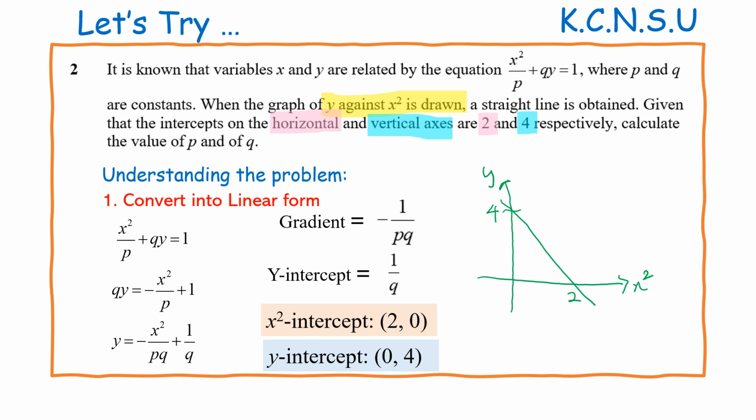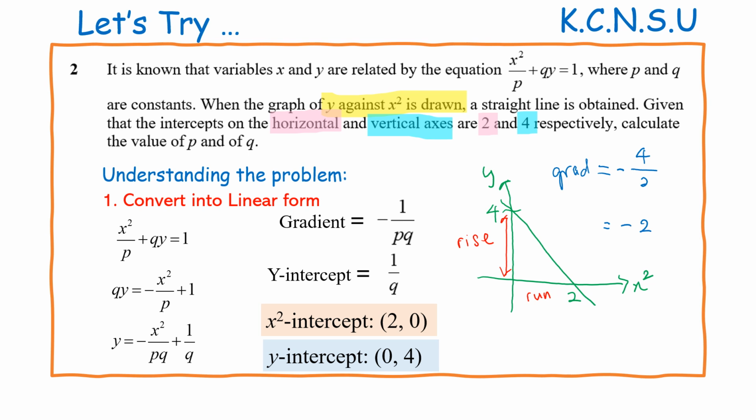If you can recall, we have learned previously that gradient is known as rise over run. So the gradient is 4 over 2, which is equal to 2. But if you make the observation, you will notice that this line will actually give you a negative gradient. Therefore, the gradient for this line is equal to negative 2.